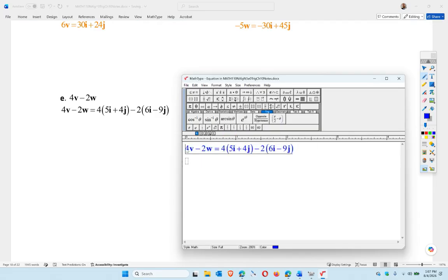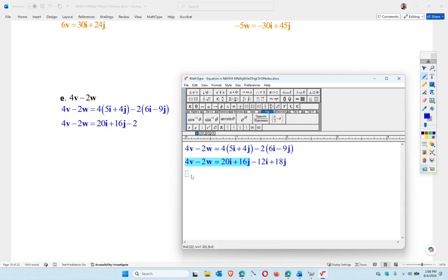Multiplication is going to come before addition, right? So this is going to give me what? If I multiply by 4, I'm going to get 20i and 16j, correct? And then here, I'm going to get minus 12i and then plus 18j, correct?